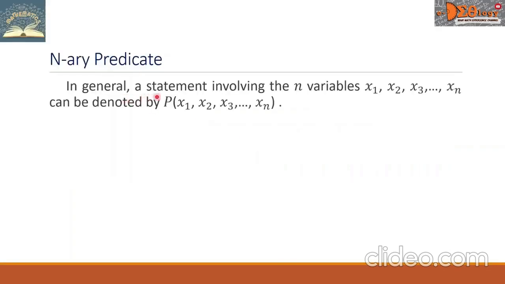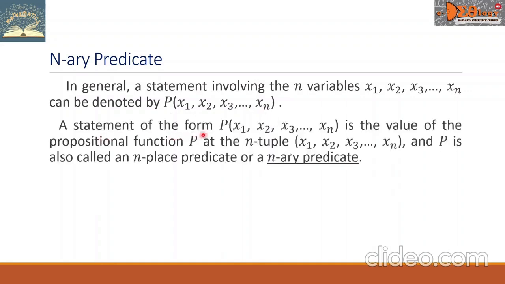Today we're going to study n-ary predicates. In general, a statement involving the n variables x sub 1, x sub 2, x sub 3 up to x sub n can be denoted by P of x sub 1, x sub 2, x sub 3 up to x sub n.